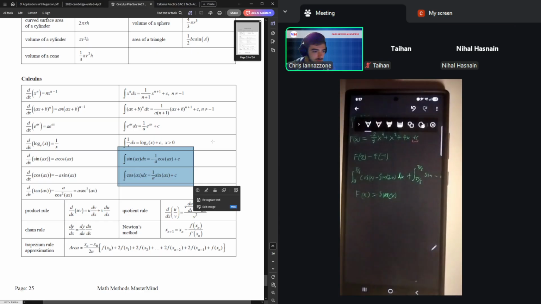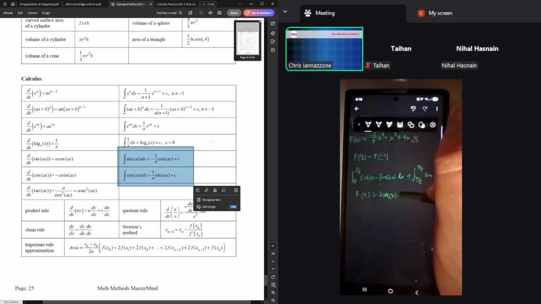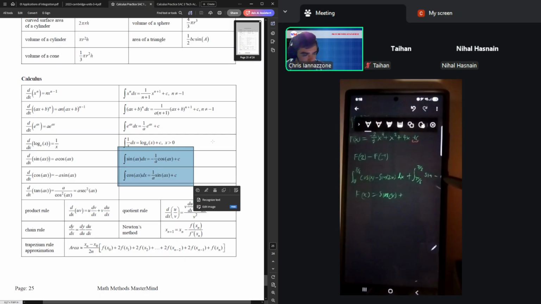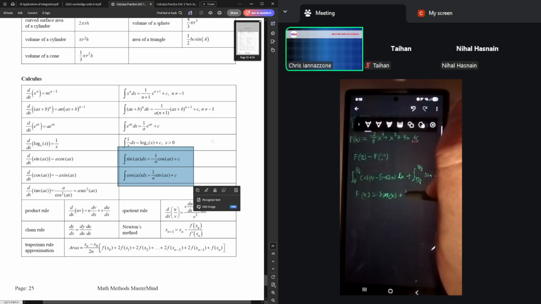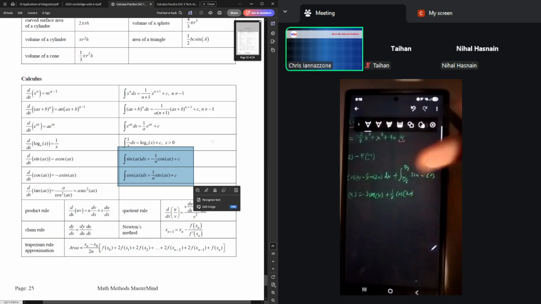That's it, yeah. You identify the A comes out as a division, and sine goes to negative cos, because there's already a negative sign there. Yeah, exactly right. So 1 over 2 cos 2x. That's for that one anyway.